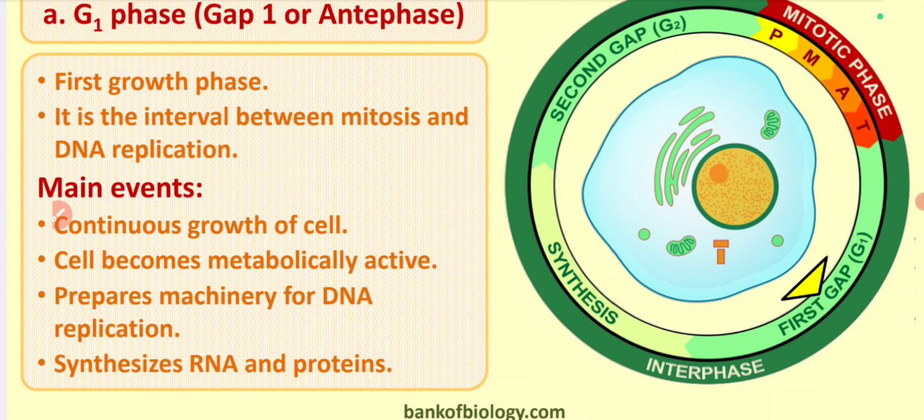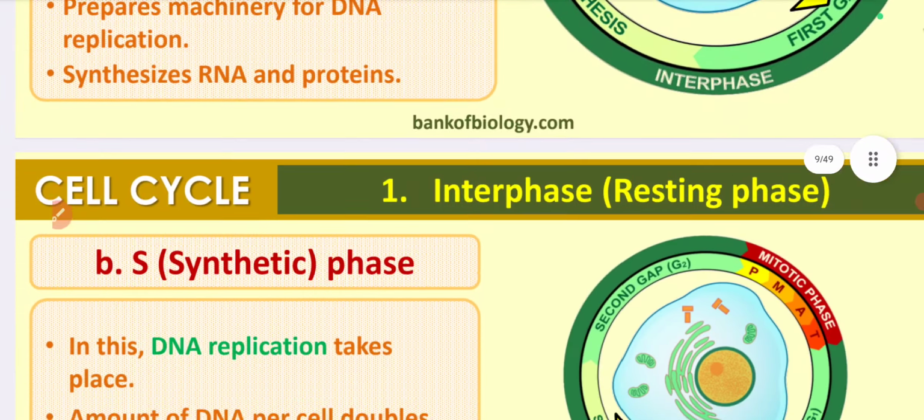The main events of the G1 phase are continuous growth of the cell, the cell becomes metabolically active, prepares machinery for DNA replication, and synthesizes RNA and protein. In your NCERT it is given that the cell is metabolically active and continuously grows but does not replicate its DNA, because replication occurs during the S phase or synthesis phase.